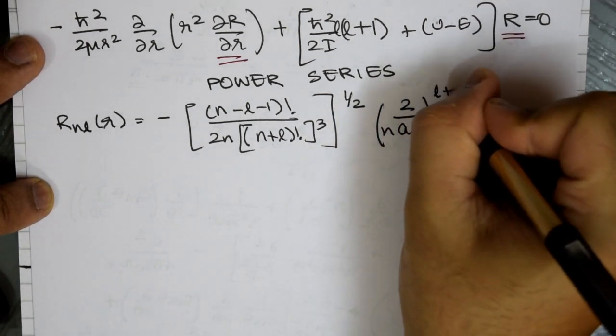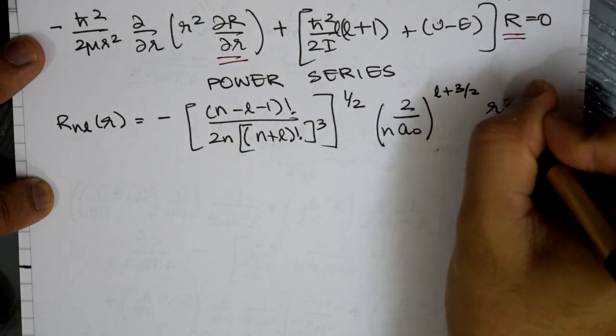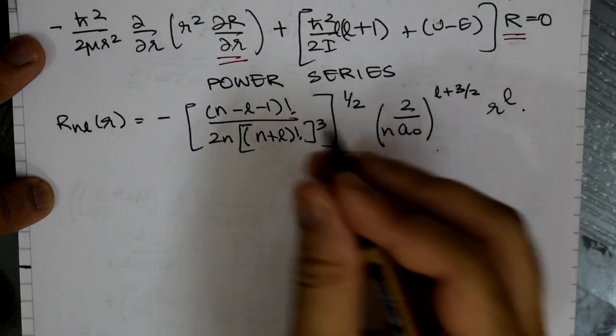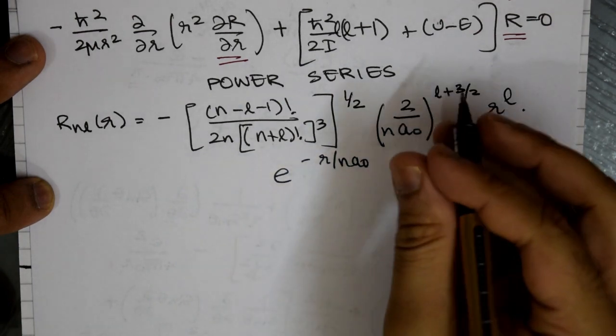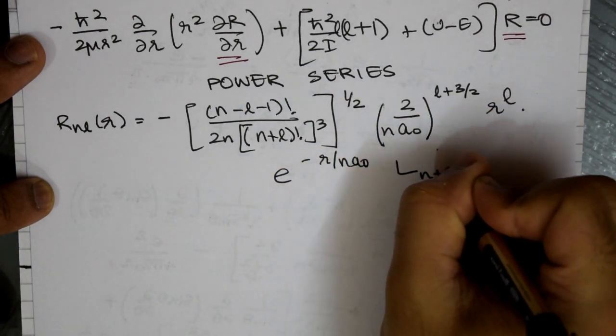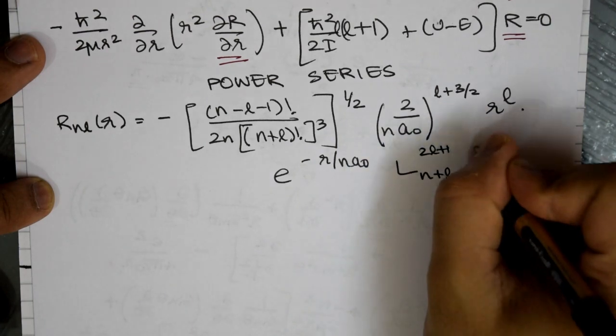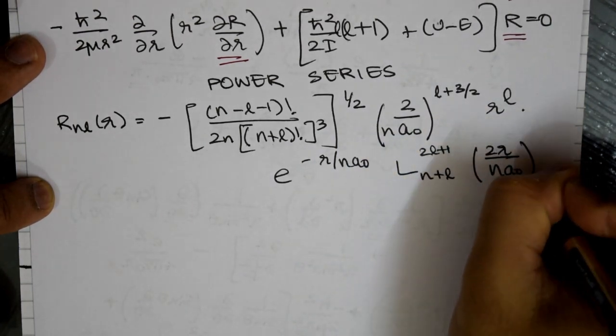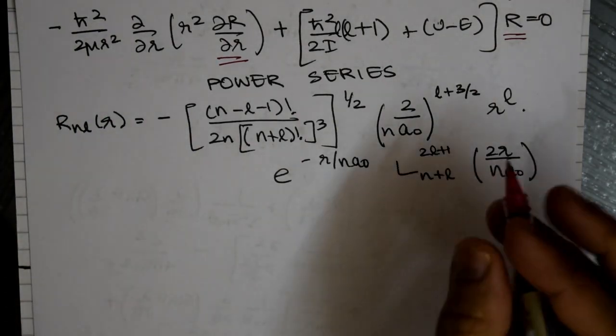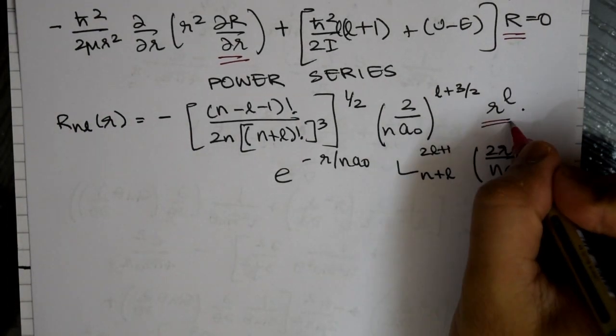2r by n a naught to the power L plus 3 by 2, r power L multiplied by e power minus r by n a naught, times the Laguerre polynomial of 2r by n a naught. If you are able to see, the r part is divided into the r power L part.